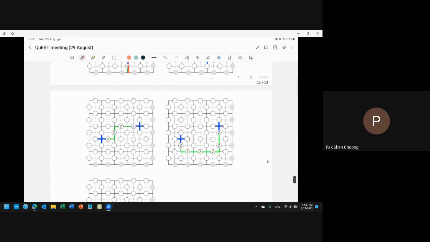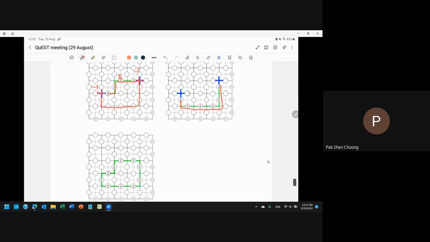So in terms of fixing the errors, how can we fix it? Usually if let's say this is the error, and these are the vertex operators that we detected to be -1. In this case, you can either apply back the same error, which is E, or you can also go to another path.